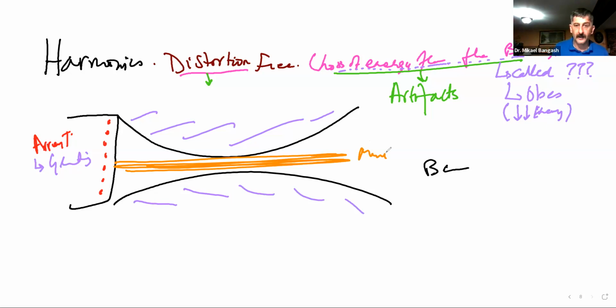So there can be two reasons why these lobes would not produce lobe artifacts if we use harmonics.